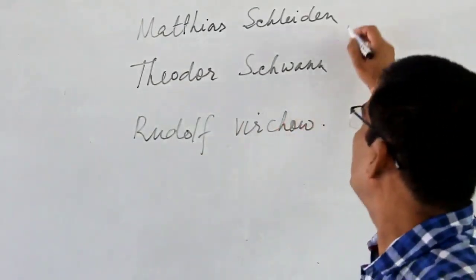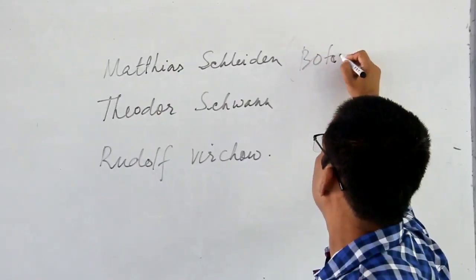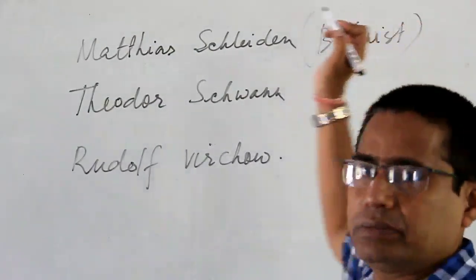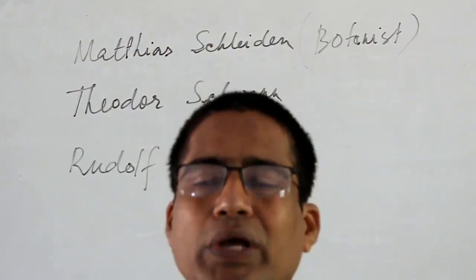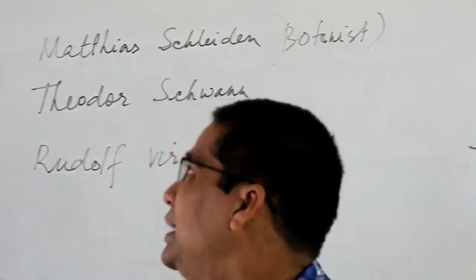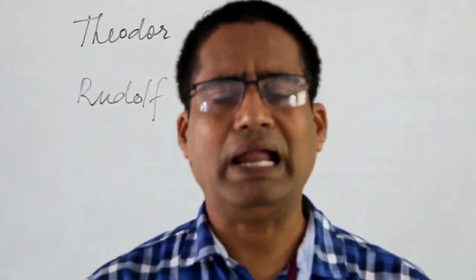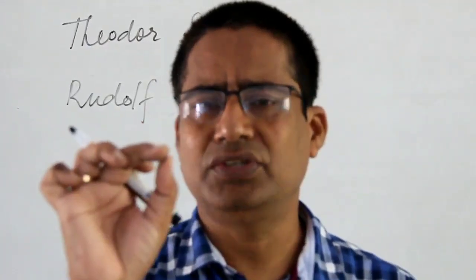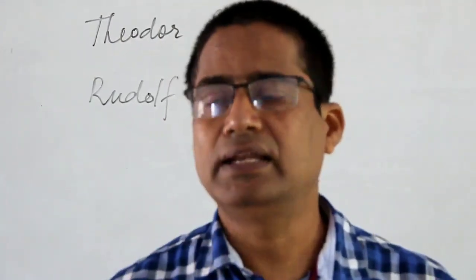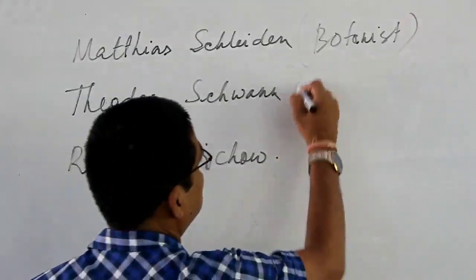Matthias Schleiden was a botanist. A botanist is a person who engages in the study of plants. So being a botanist, he used to study different types of plants. When he studied different types of plants, he saw that all the plants were made up of very tiny structures, the cells. So he said that plants are made up of cells. Next was Theodor Schwann. He was a zoologist.